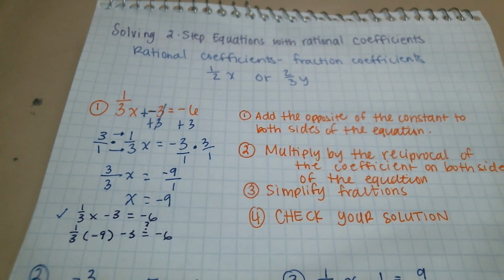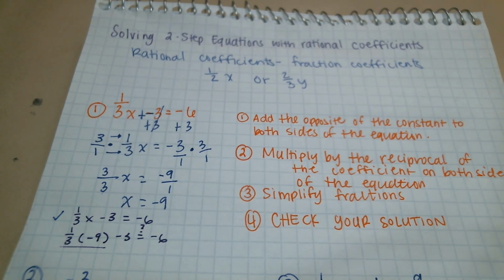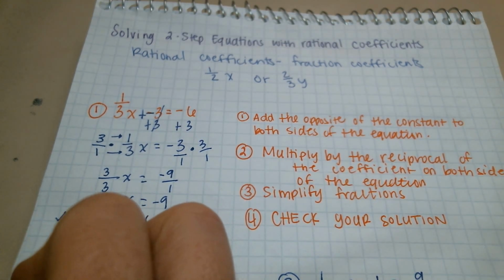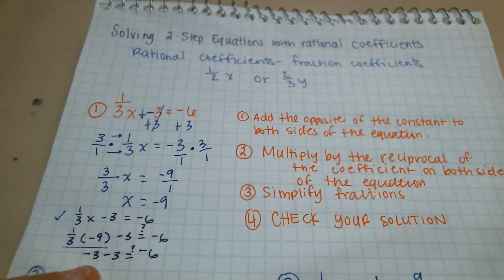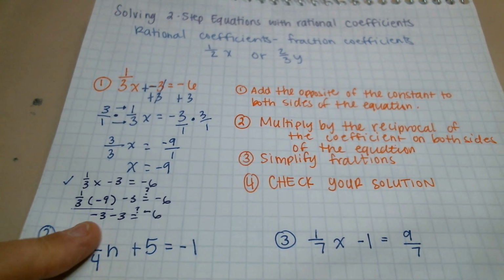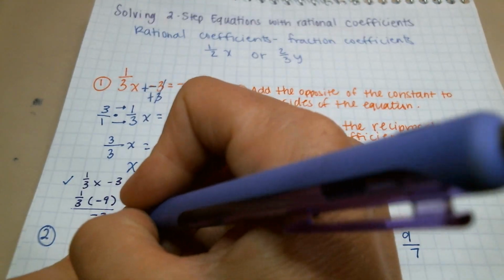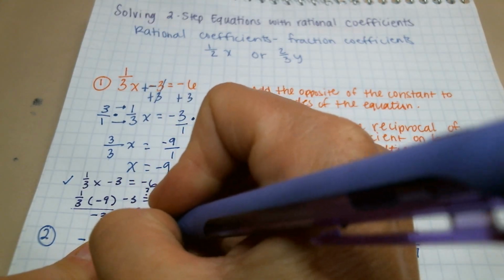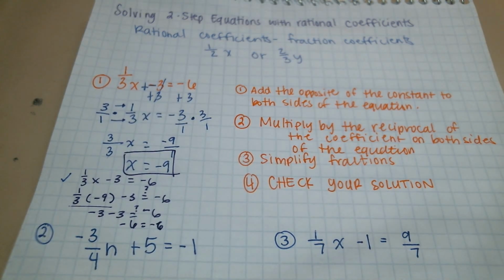Well, let's find out. Order of operations, 1/3 times -9, well, that's -3. And if you're like, no, that's not going to equal -6, well, this 3 is negative, and this 3 is negative, and if you combine them together, you do actually get -6. So in this case, yes, x is equal to -9.